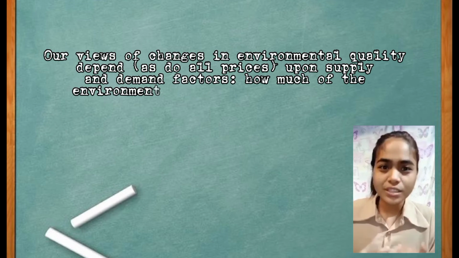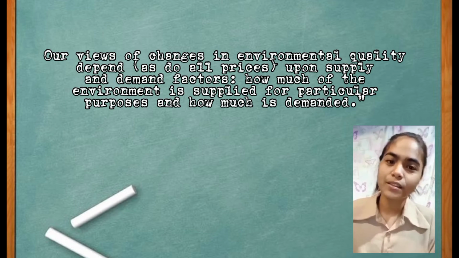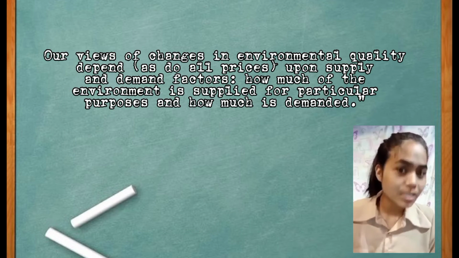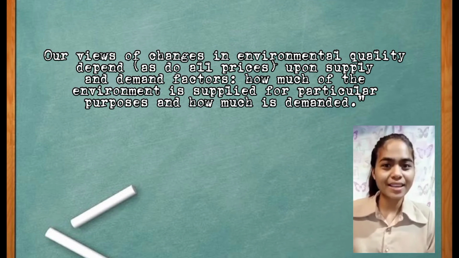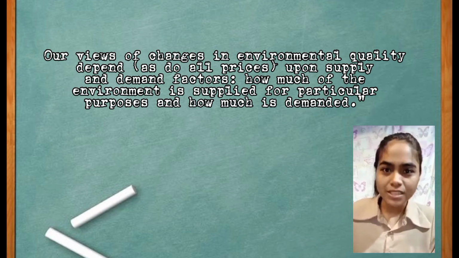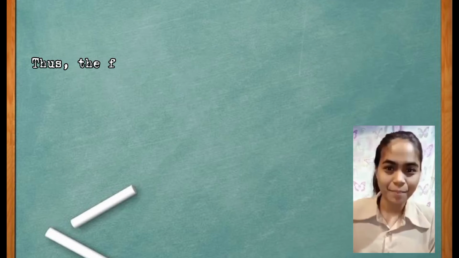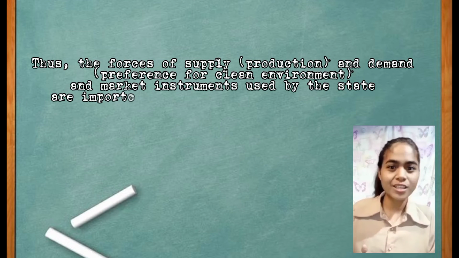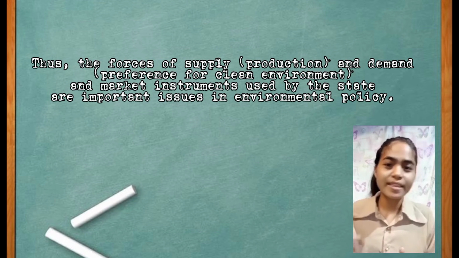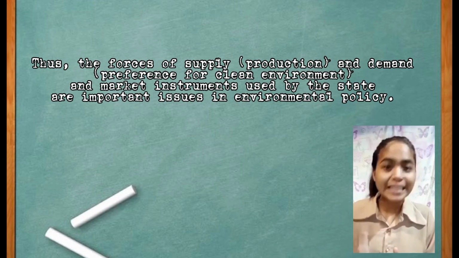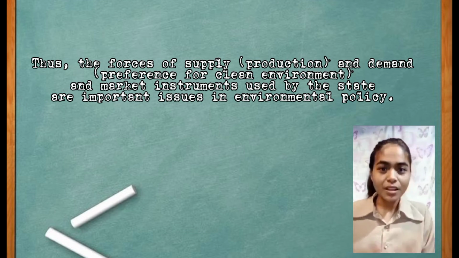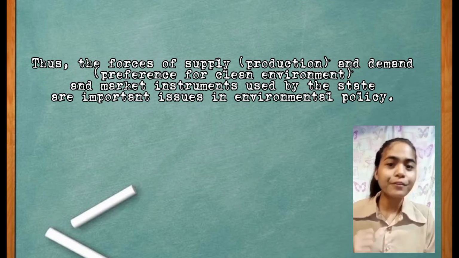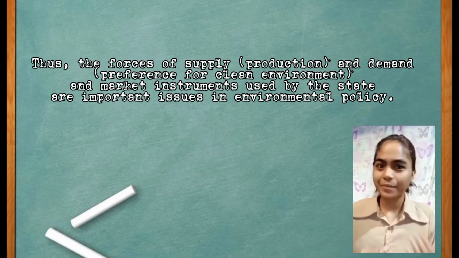Our views of changes in environmental quality depend, as do all prices, upon supply and demand factors: how much of the environment is supplied for particular purposes and how much is demanded. Thus, the process of supply, production, and demand for a clean environment and the market instruments used by the state are important issues in environmental policy.